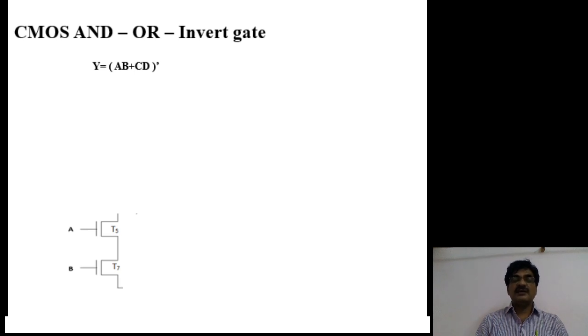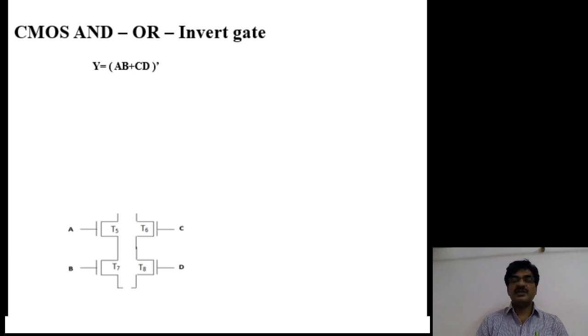Similarly, the connection between C and D NMOS transistors is also series, because here also the product relation between C and D. And see the relation between the term AB and CD, that is a sum relation, hence these two networks are connected in shunt.